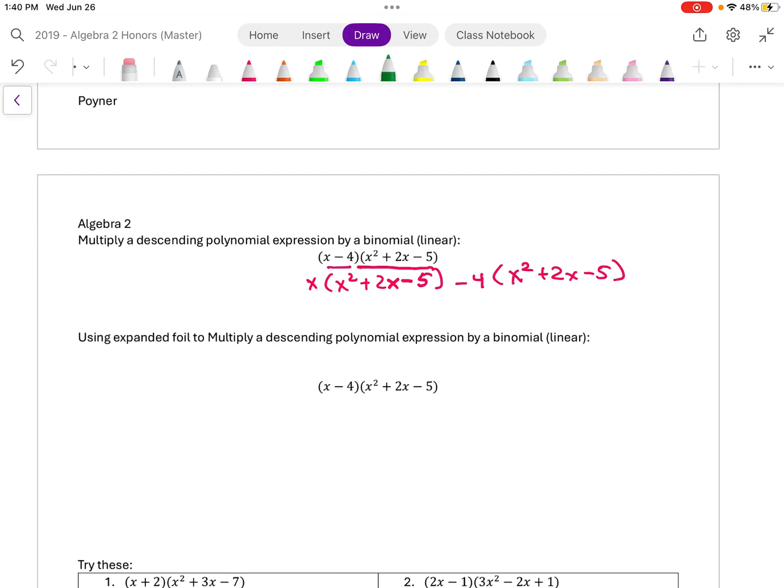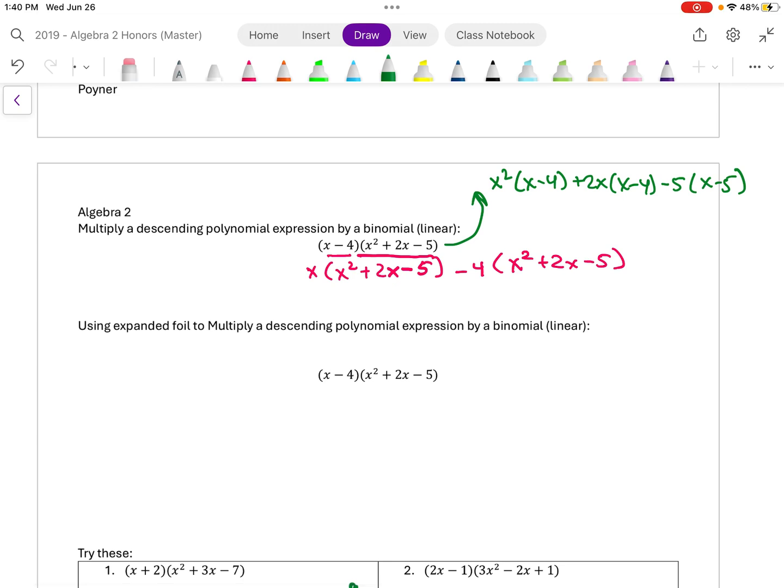Some people like doing it the other way around, where they're taking x squared and then distributing the x minus 4 over all three terms, so plus 2x, x minus 4. It really doesn't matter which way you distribute. Both of these techniques work, but it's time consuming.